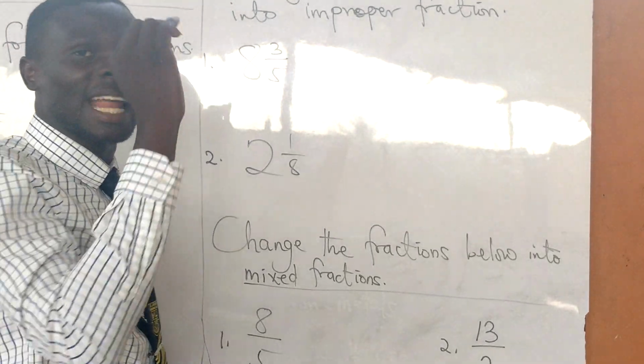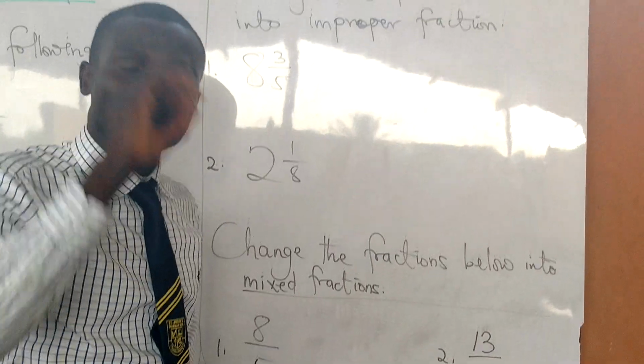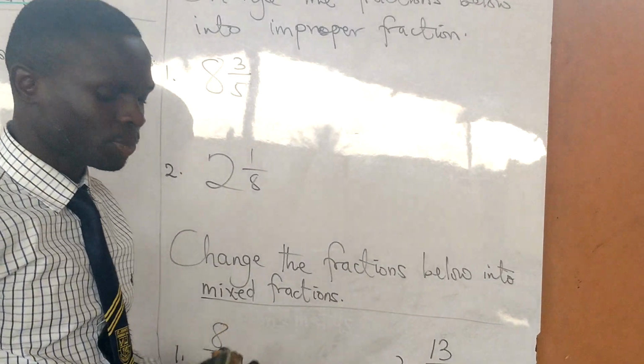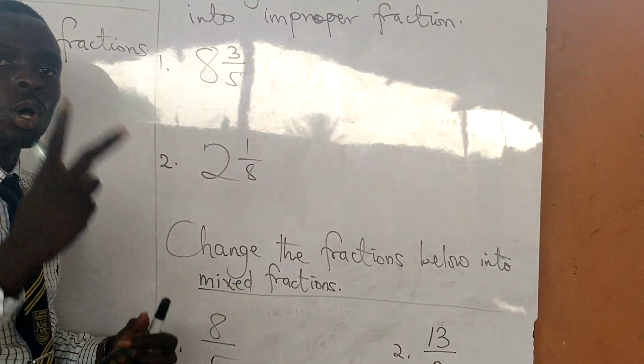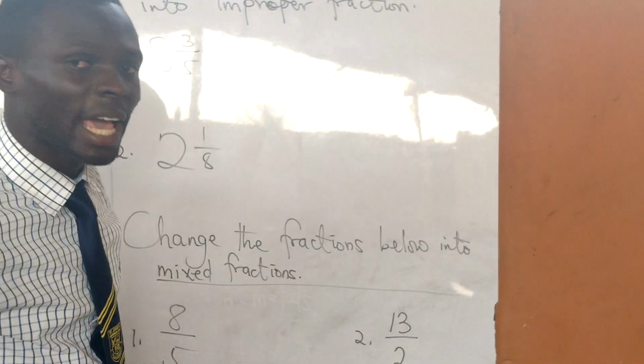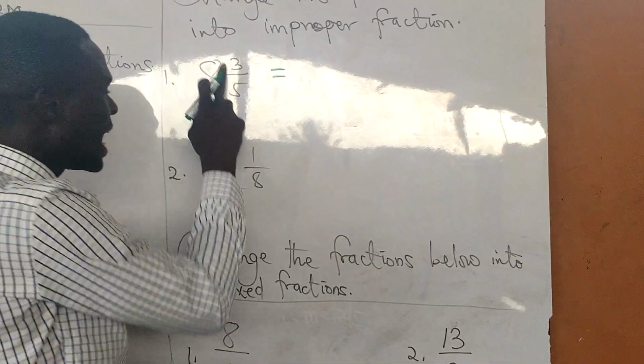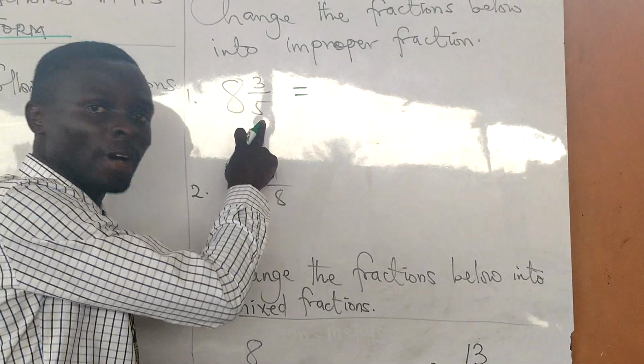So how can I change a mixed fraction into improper fraction? To do that, locate your whole number and the denominator. So the whole number is 8 and the denominator is 5.